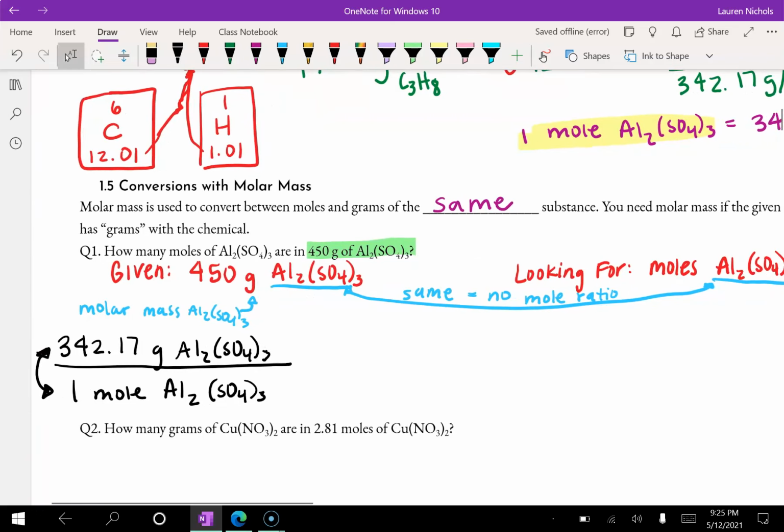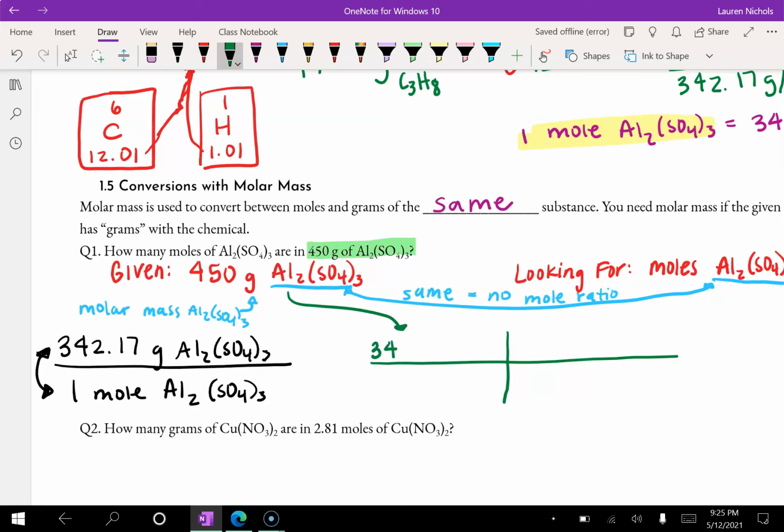So now that we have our fractions written for our problem, we can actually set up our T-chart. And remember, what you're given always goes in the first square. So we put 340. Oh, wow. Good job, Miss Nichols. We always put our given. So 450 grams of aluminum sulfate.